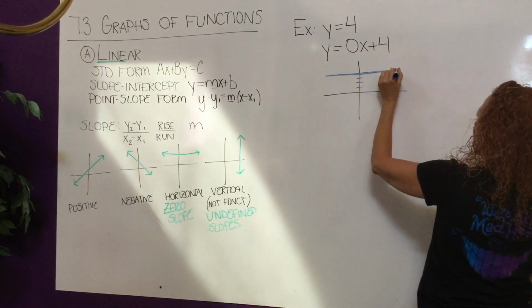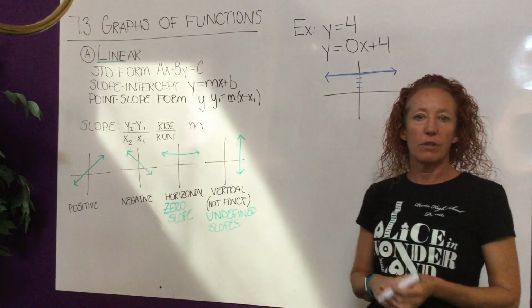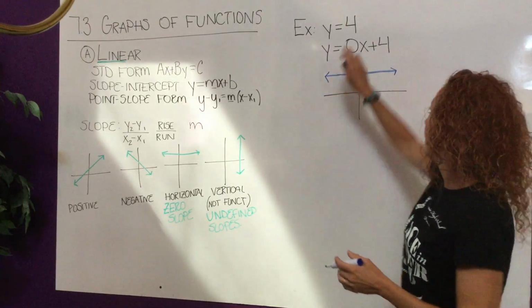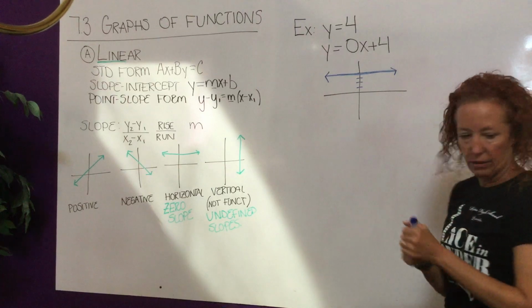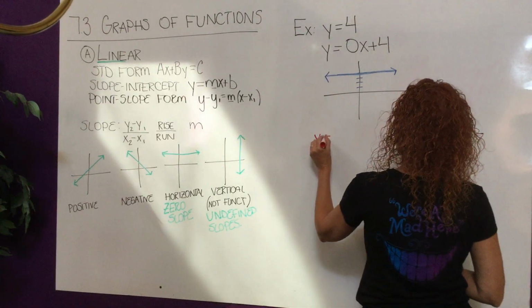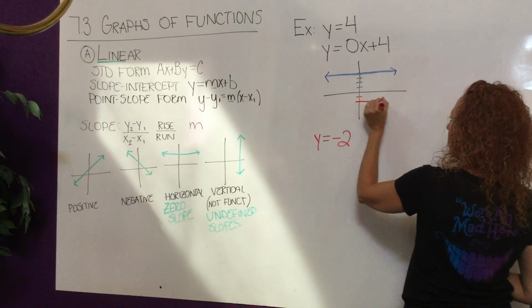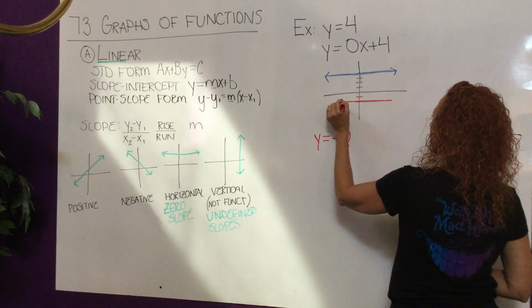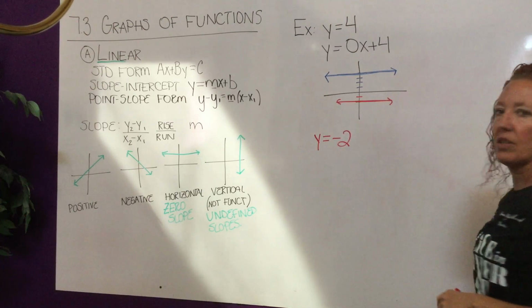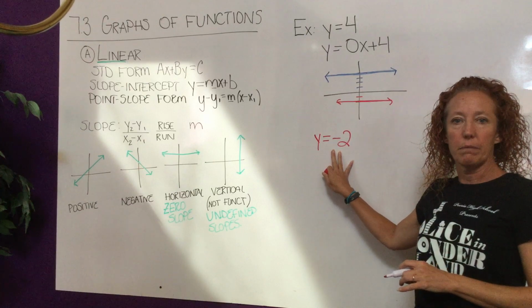Regardless of what the x value is, y is equal to 4. If this was a -2, I can do a few of these on the same graph without too much problem. If this was a -2, you would go down 1, down 2. And so you would just have a horizontal line through whatever this number happens to be.